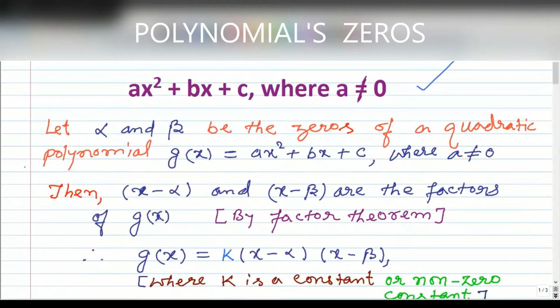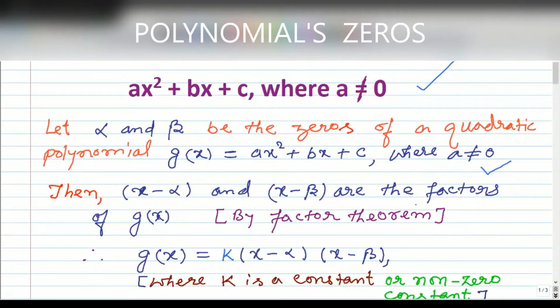Let alpha and beta be the zeros of a quadratic polynomial, that is g(x) equal to ax square plus bx plus c, where a is not equal to 0.